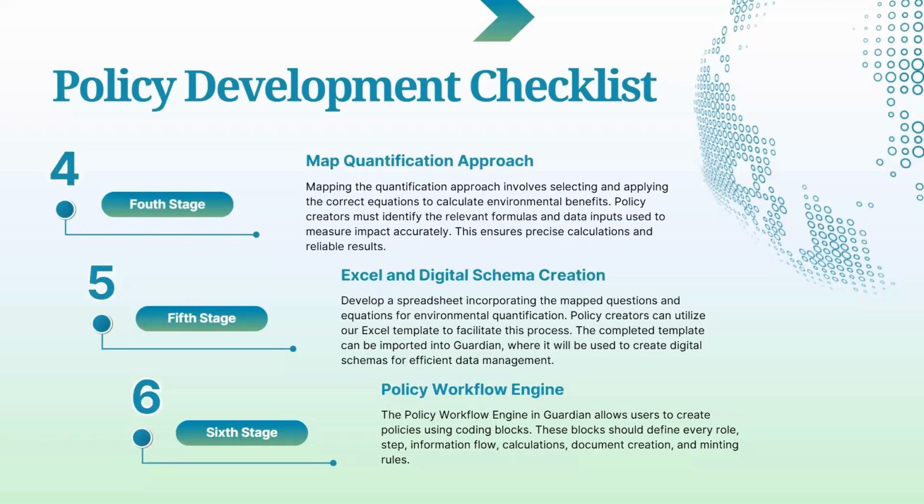Step 4 here is to map the quantification approach. So this is when we open up that PDF for the methodology. In this case, it would be VM0042 version 2.1. And we start looking at all the calculations that are mapped in there. And in order to send this information to someone like a software developer who can start creating this policy, we use an Excel template that we've created here with the Guardian.